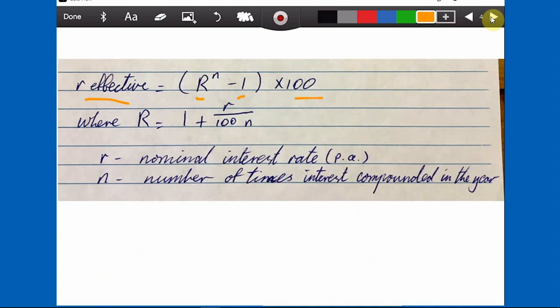The minus 1 comes into it because it's to do with our initial investment, or our initial amount. So we've got to take that out.